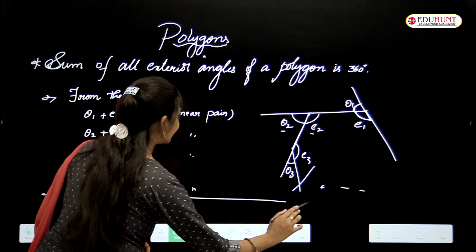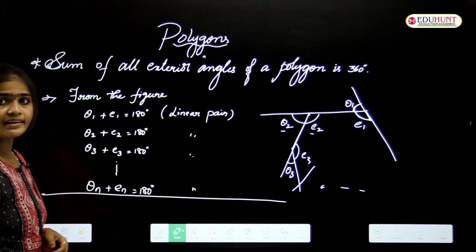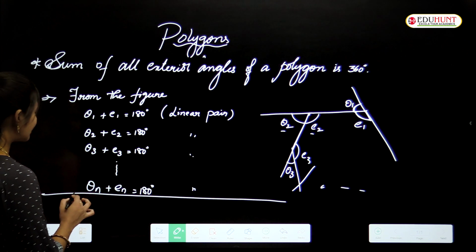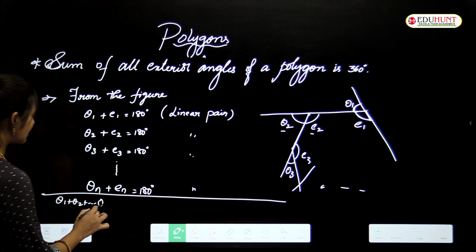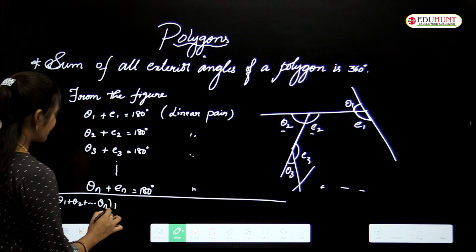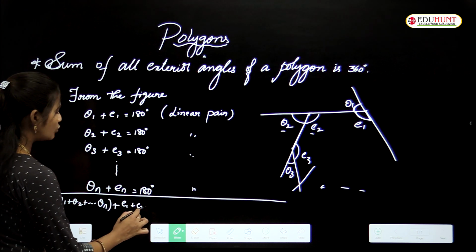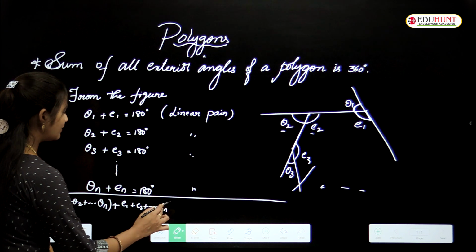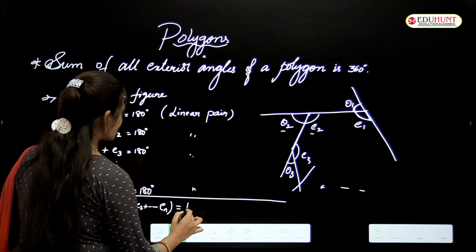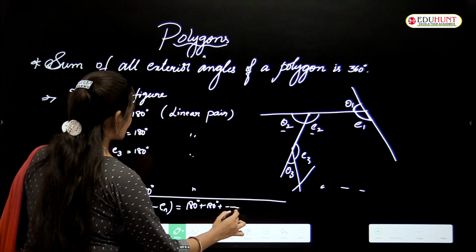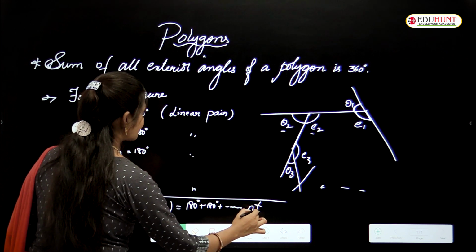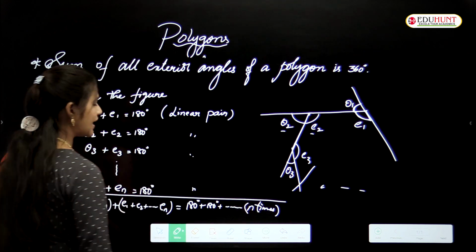Now add all the angles. What will you get here? Theta 1 plus theta 2 plus and so on theta n, plus E1 plus E2 plus and so on En, which is equal to 180 plus 180 plus and so on up to n times, that is n times 180.